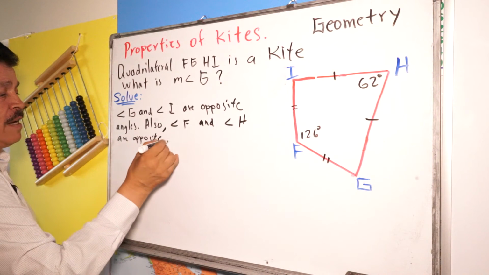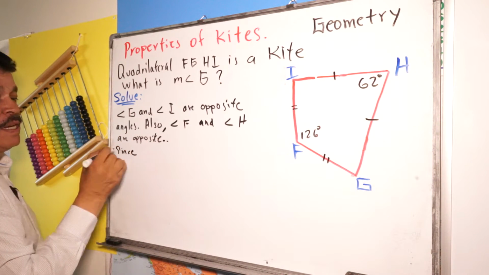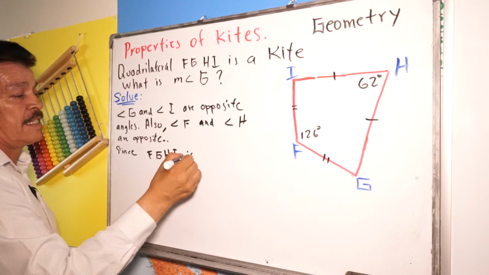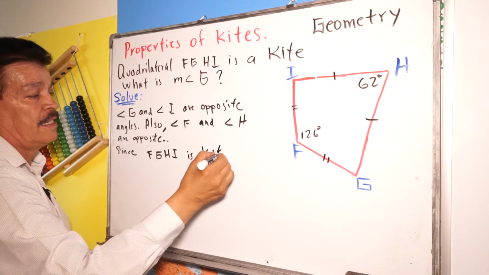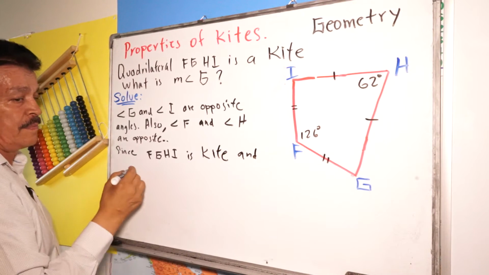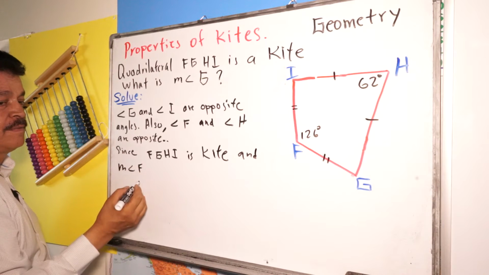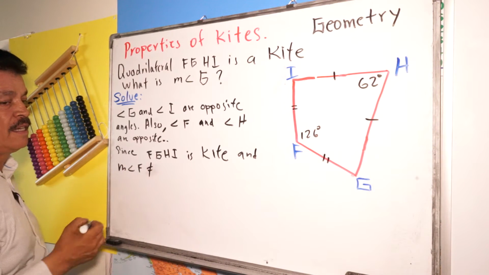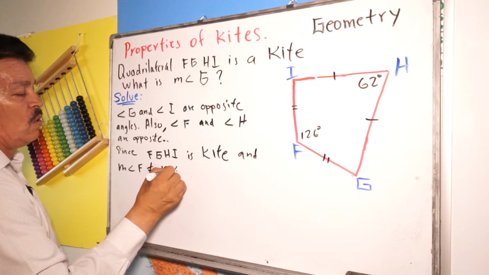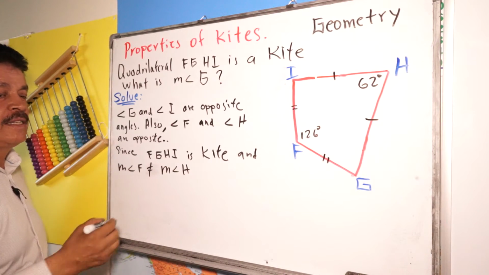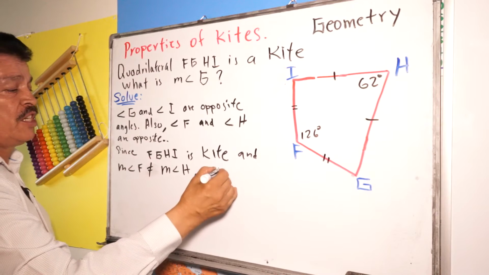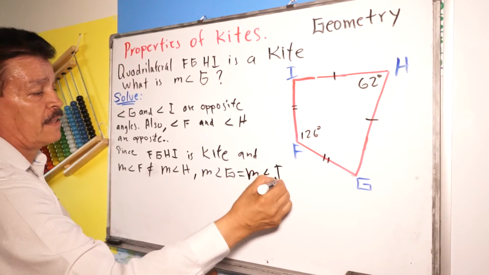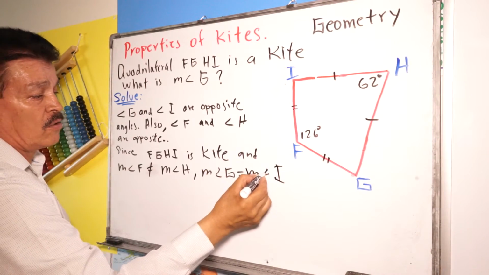Since FGHI is a kite, the measure of angle F is different from the measure of angle H. The measure of angle G is equal to the measure of angle I, so these two angles are equal.